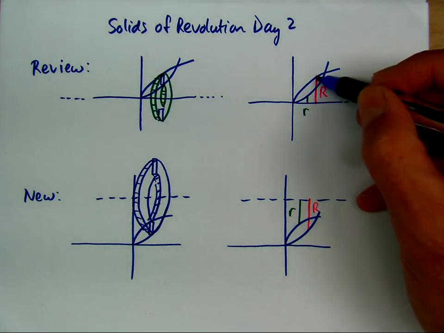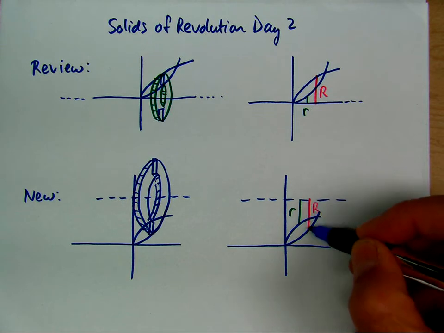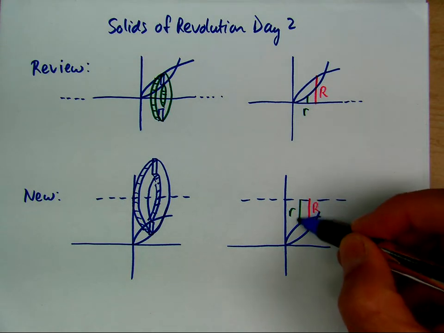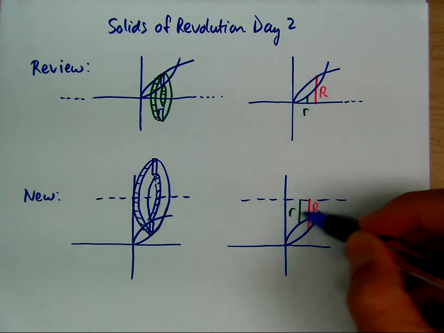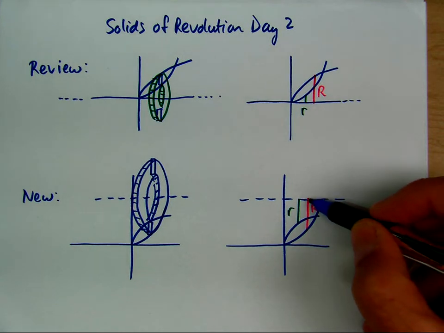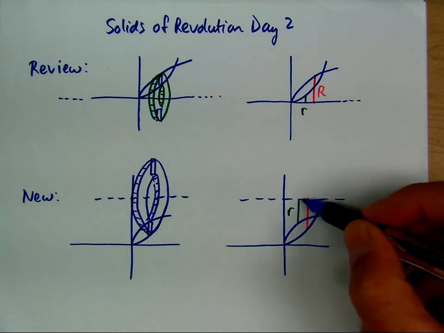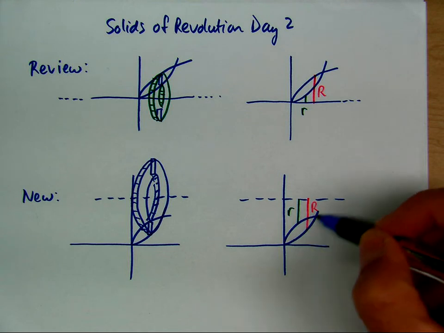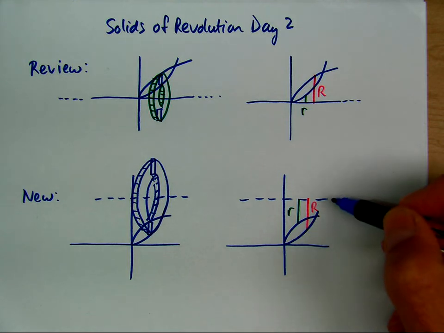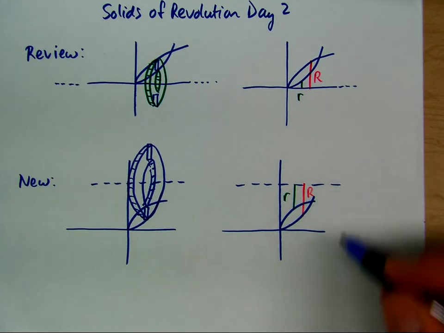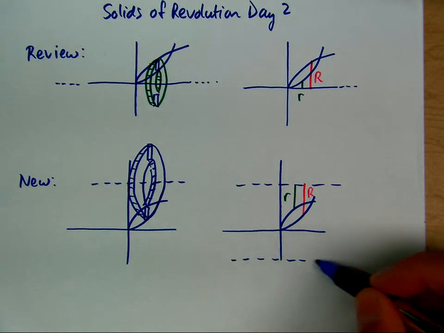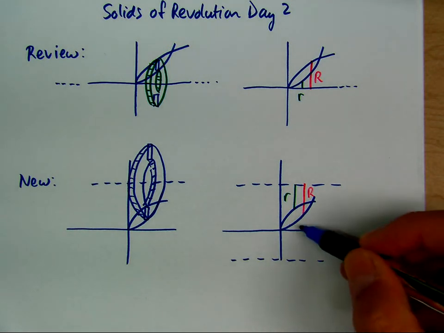Axis to the furthest part of the region, axis to the closest part of the region. We find each of these lengths still by doing top minus bottom, but now the top will be the axis and the bottom will be the function. If we have an axis below the region, it'll still be top minus bottom.